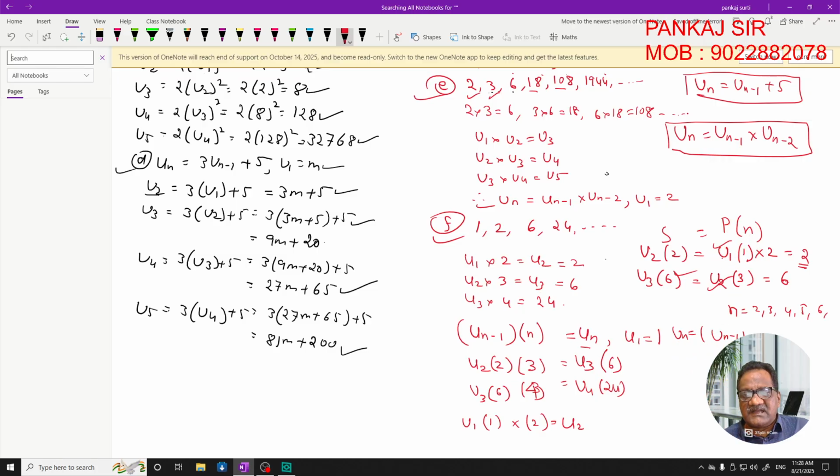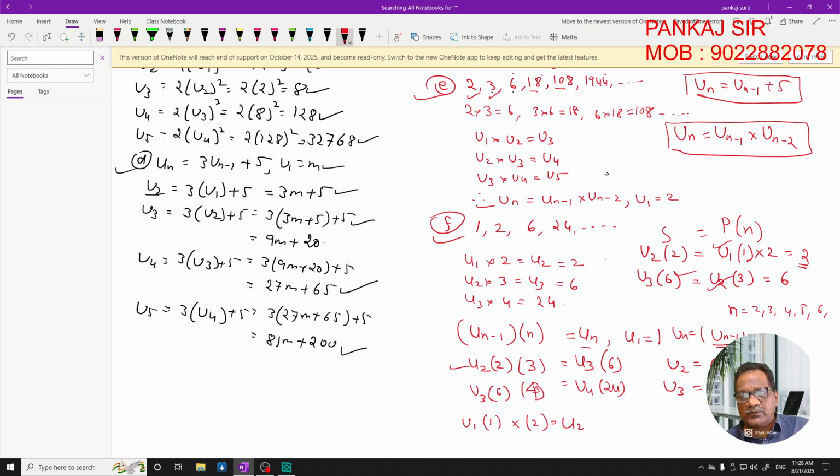So according to this, if you want to find u2, u2 will be equal to u1, which is 1, times n, where n is 2. 2 into 1 is 2. So u2 is 2. U3 will be equal to u2, the previous term, multiplied by 3.